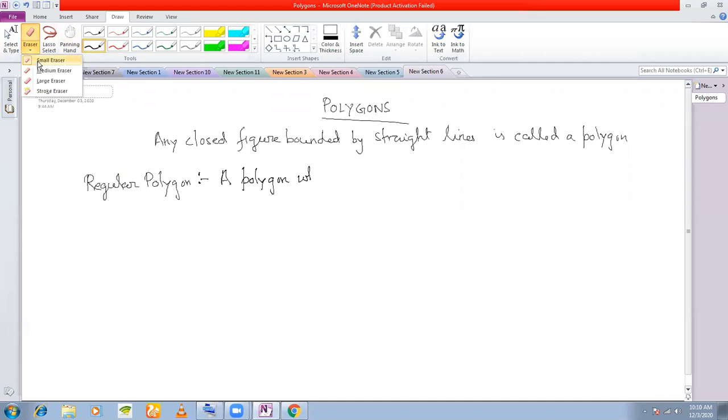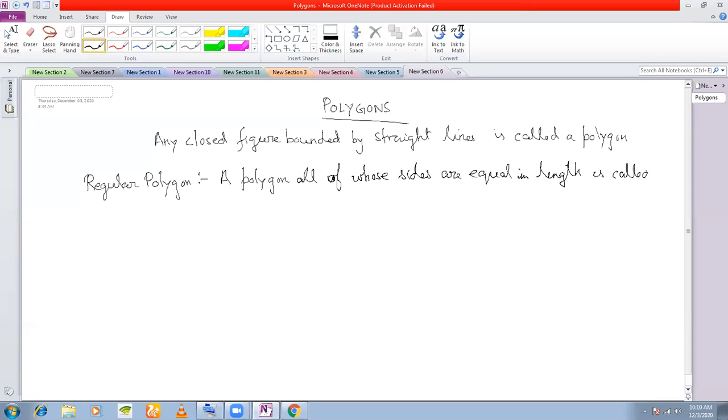A polygon, all of whose sides are equal in length is called a regular polygon.